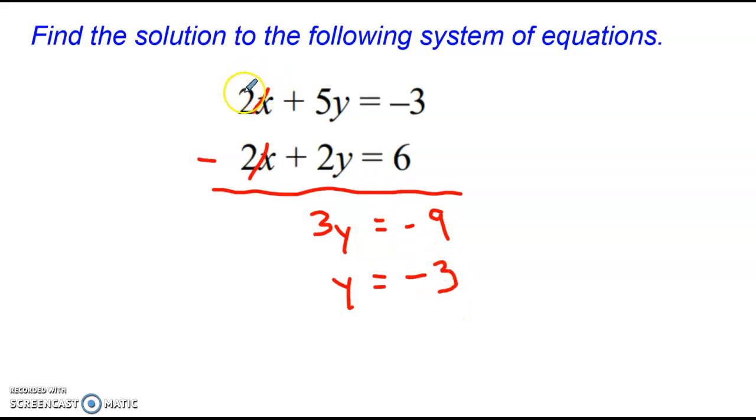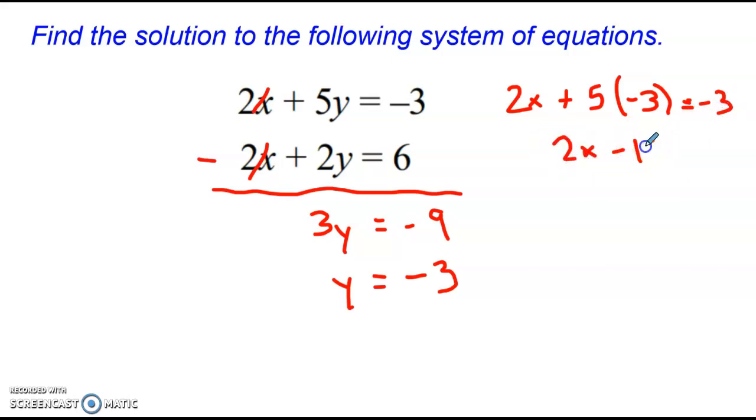And then a little bit more work to do this time to plug it in. I'll go ahead and plug it into the top one here. So y is negative 3, which means we're going to get 2x plus 5 times negative 3 equals negative 3. Okay, so now we're going to have 2x minus 15 equals negative 3.